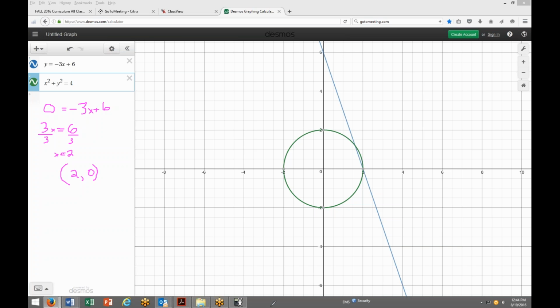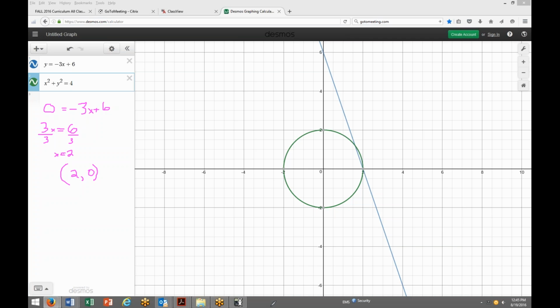And this is confirmed by the fact that the equation in the coordinate plane of the x-axis is just a simple little horizontal line, y equals 0. It's y equals 0 because the y-coordinate for every single point on the x-axis is 0.